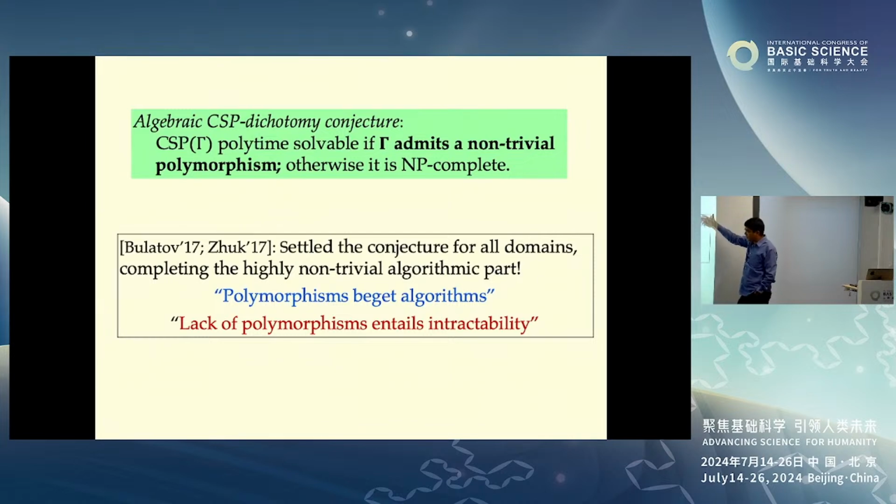That was already known and in some sense is easier. The highly non-trivial part is the algorithm. How do you go from any non-trivial polymorphism all the way to an algorithm which solves every instance? And that's what they completed. It was a long journey building on a sequence of many deep works which culminated in this. And somehow you have this very clear link.